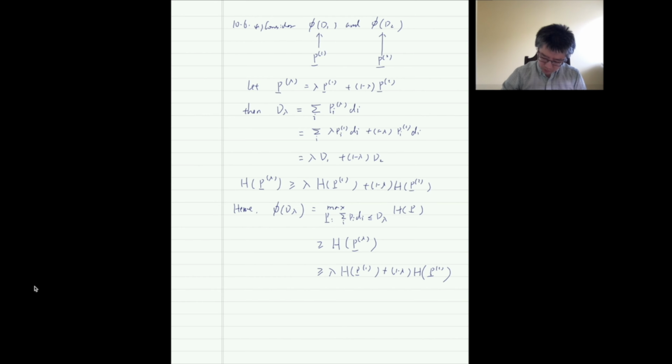Therefore, we have this guy equals lambda phi d1 plus 1 minus lambda phi d2, okay? And then we're done, right? So in this way, we show that this function is a concave function, right?